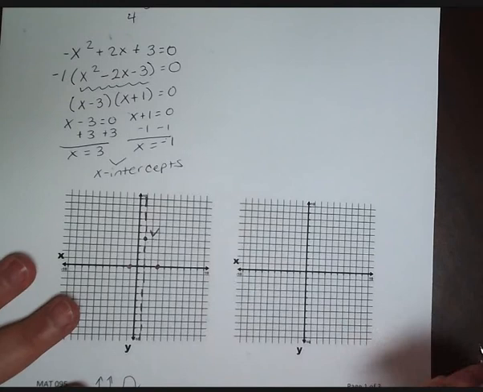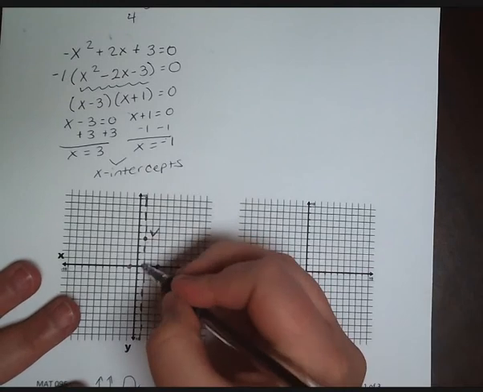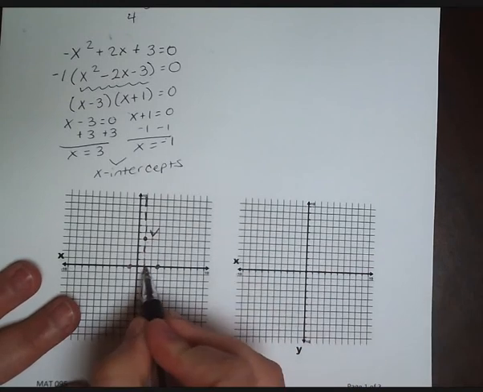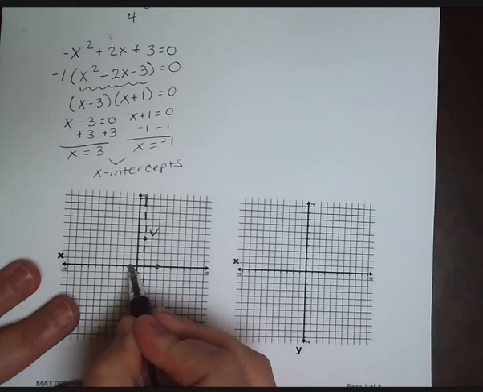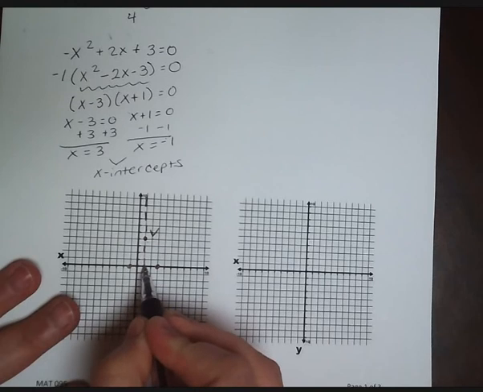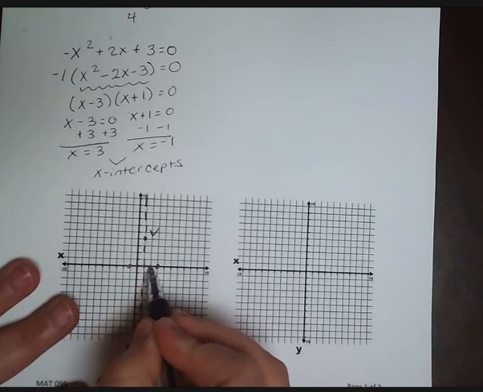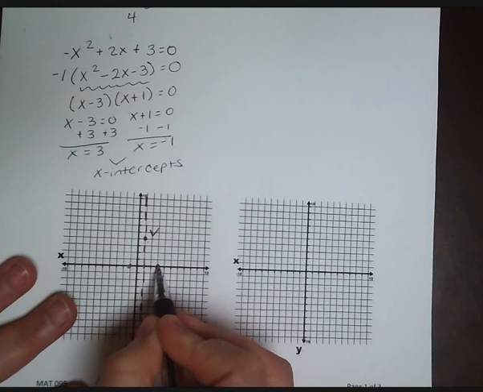Okay, so now let's see if this was actually symmetrical. So let's count. From the person's nose to the ear, it would be 1, 2 spaces. So hopefully it'll be 2 spaces to the other one. 1, 2. So that means that this is symmetrical. We have done it correctly.